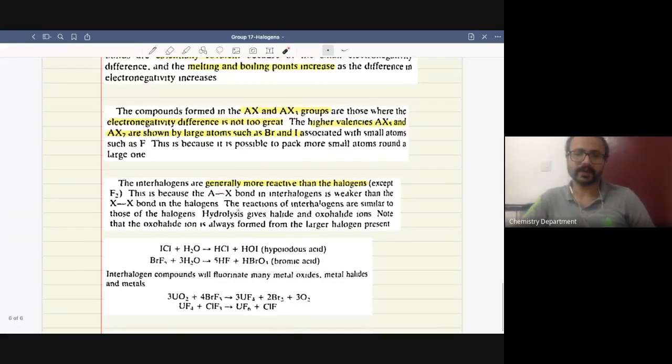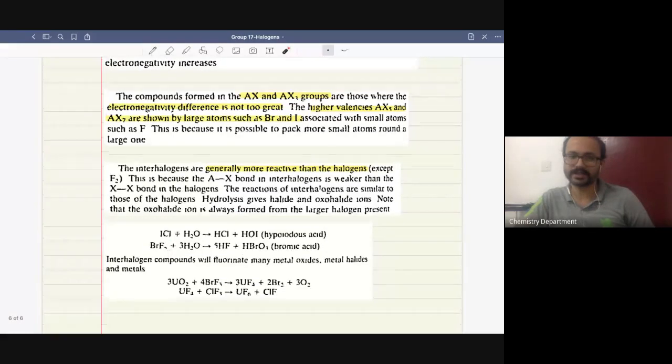One of the reactions is hydrolysis of the interhalogen compound. Here iodine chloride is hydrolyzed with water to give you HCl plus an oxyacid of halogen.